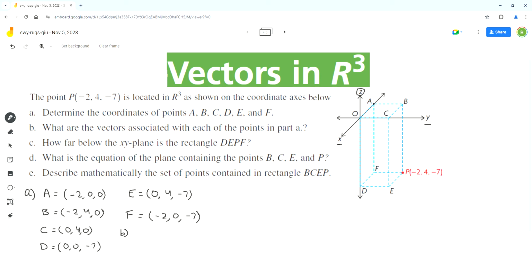Vector OA represents the position vector for point A, and in component form this position vector can be written as -2, 0, 0. For point B, the position vector is OB.